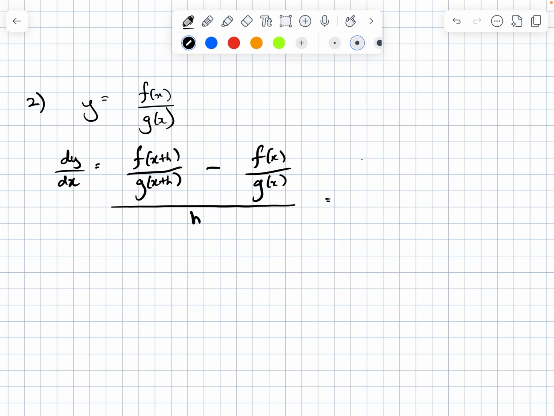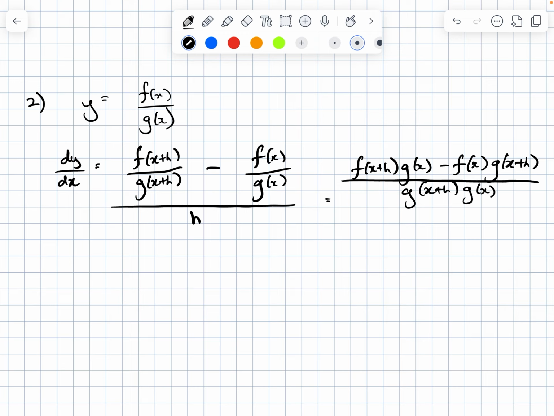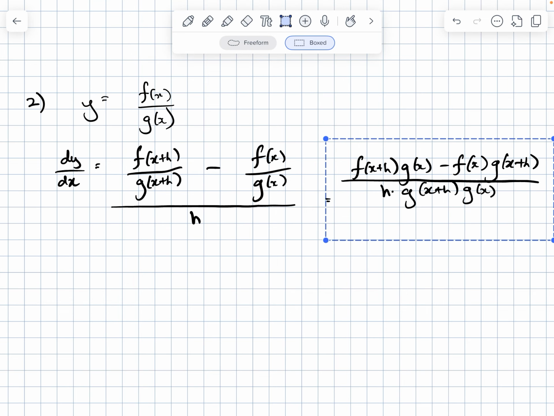So that gives us f(x plus h) g(x) minus f(x) times g(x plus h) all over g(x plus h) times g(x). And when I divide by h, that's just like putting h on the bottom of this fraction here. Just going to duplicate that so we've got it lower.